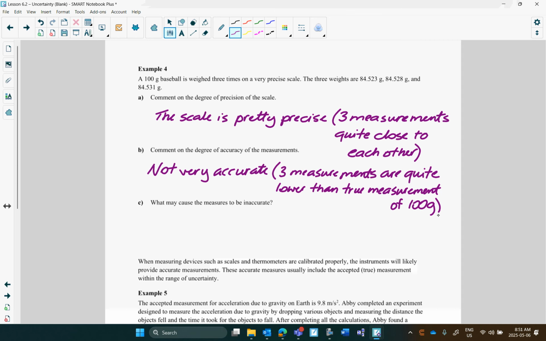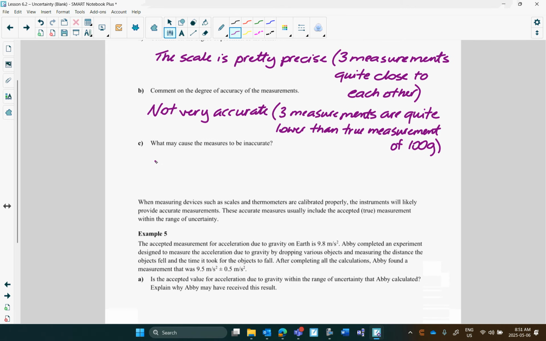And what would cause it to be inaccurate? Yeah, not calibrated properly.